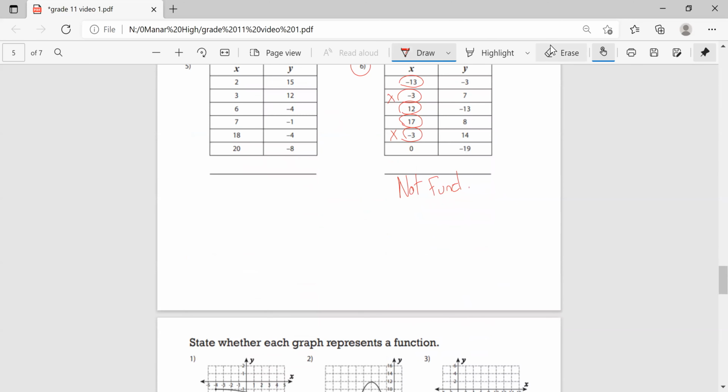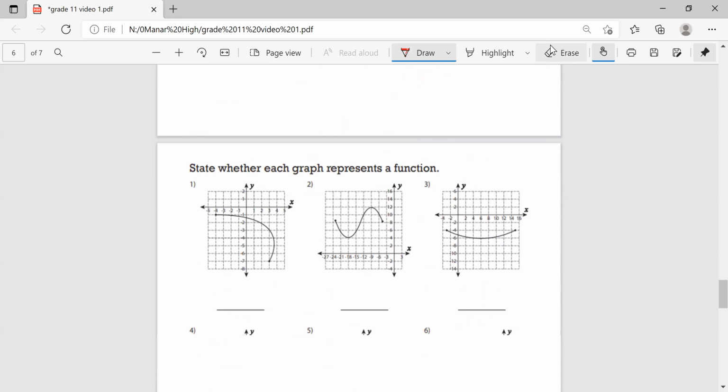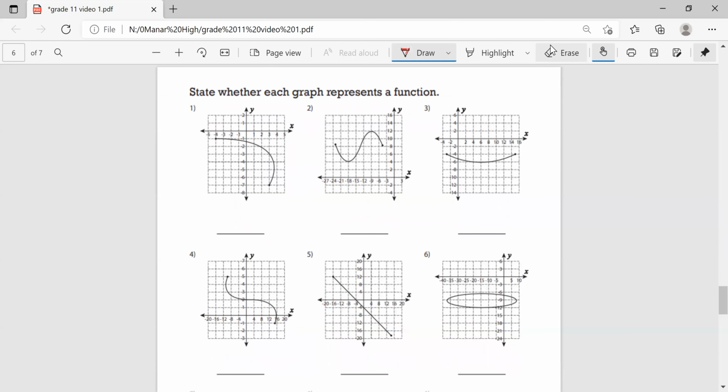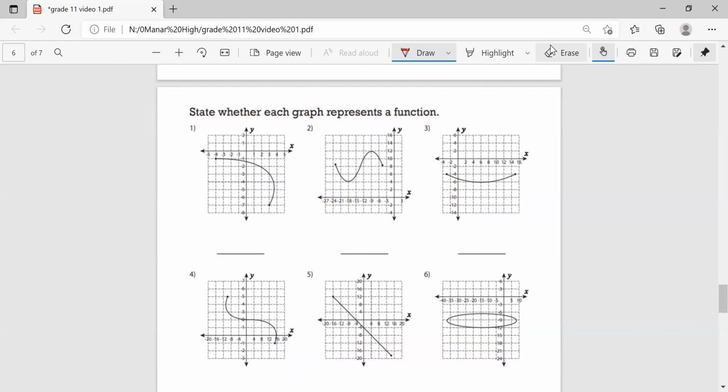Well, do I have another way? Yeah, here. State if this graph represents a function or not. You must concentrate here. We do here a test called the vertical line test. Draw a vertical line wherever you want and see.